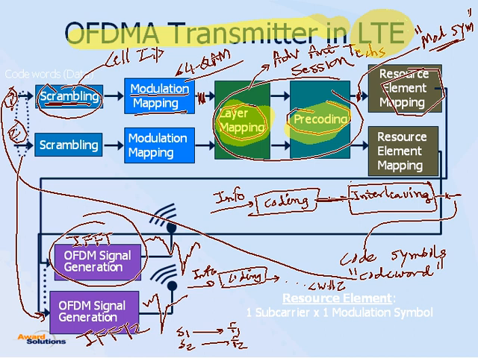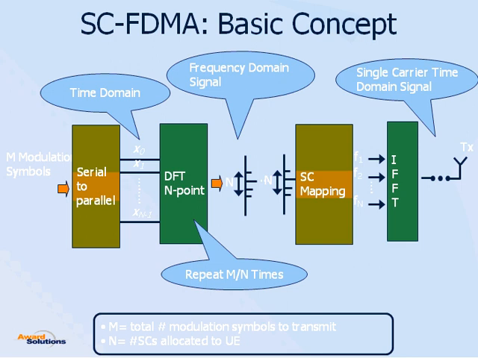You could have up to 4 antenna transmission. Here we are just showing you 2, but there could be up to 4 IFFT blocks sending out the signals from the antenna. At the receiver, we will do the opposite process.